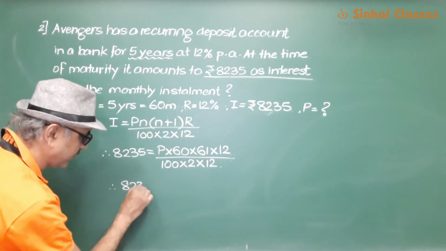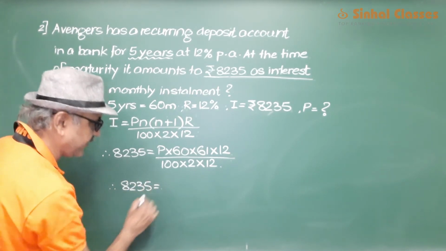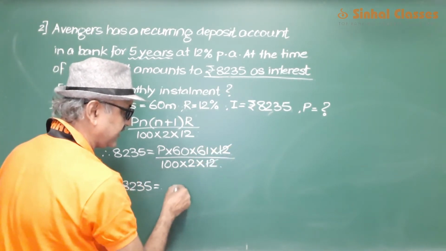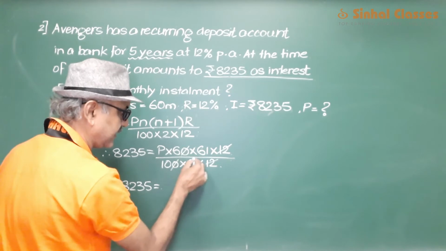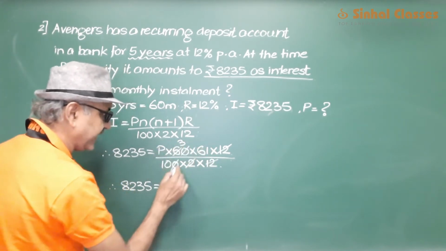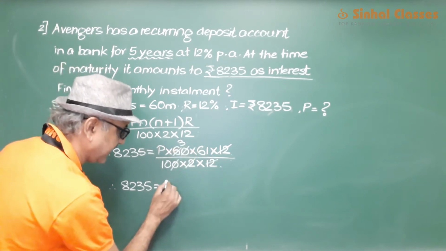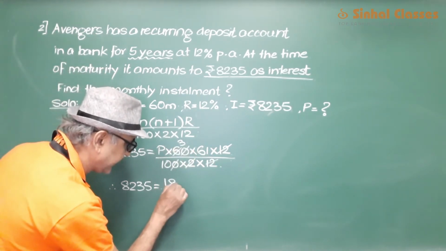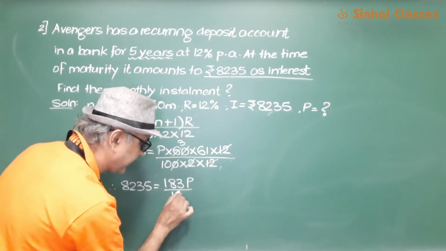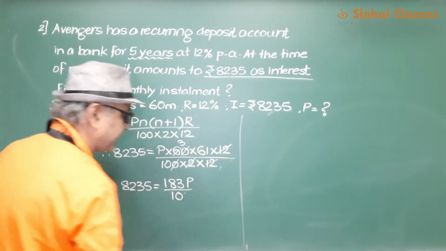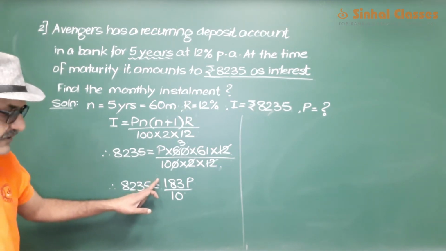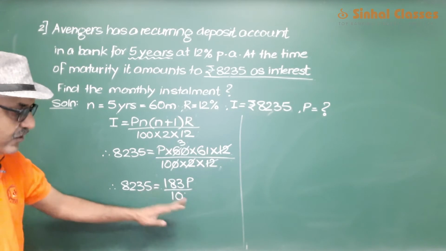So 8235 is equal to, let us start our cancellation. 12s are cancelled, so you get 61, 3s are, which is 183P divided by 10. Guys, cross multiply this. Bring this 183 upon 10 on the other side.